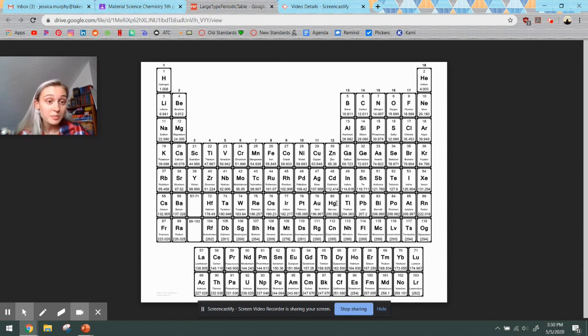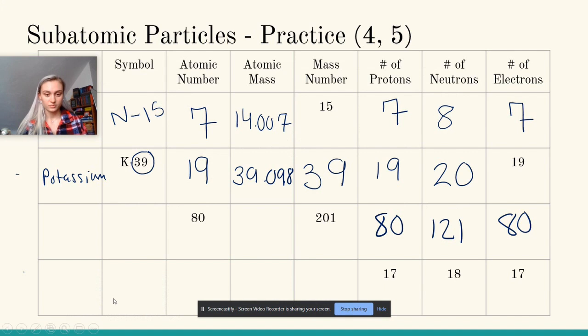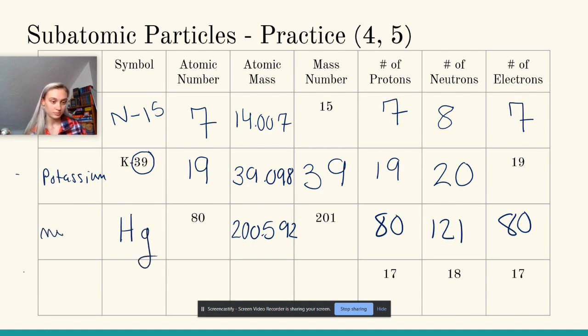So it looks like our atomic symbol is Hg. We have mercury here. So Hg is the symbol, and mercury is the element name. And then our atomic mass is 200.592. So first, before I forget, I'm going to write 200.592. That's our atomic mass. The symbol was Hg. And this was mercury.